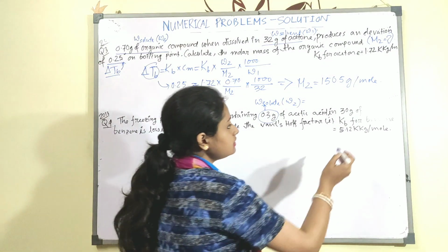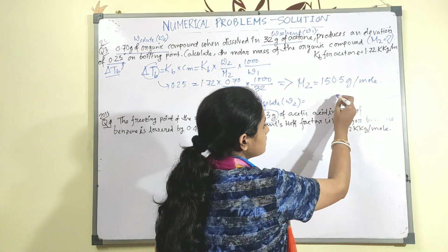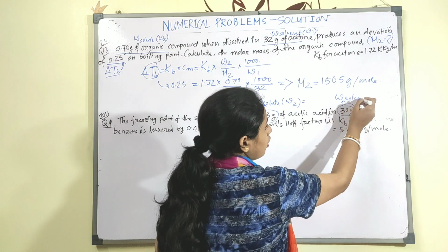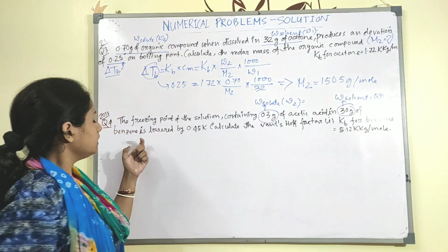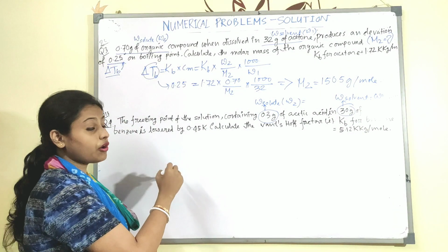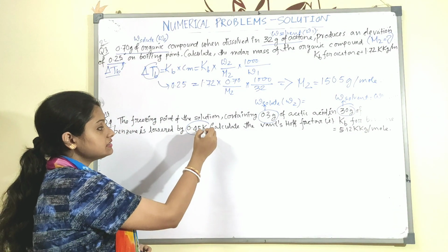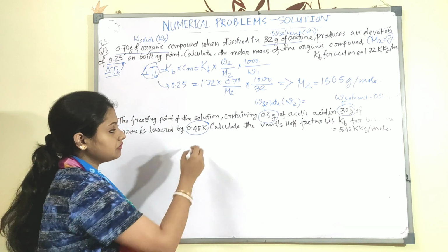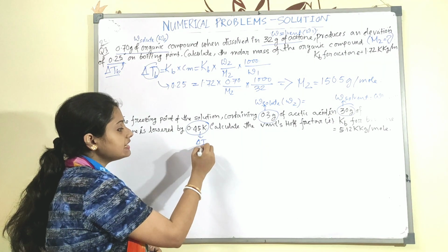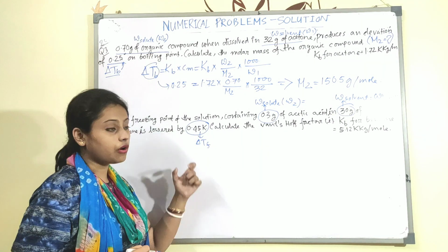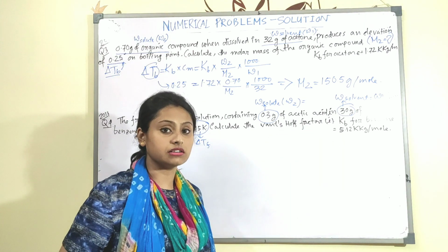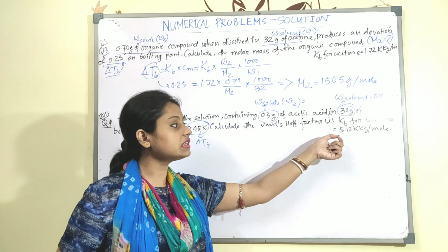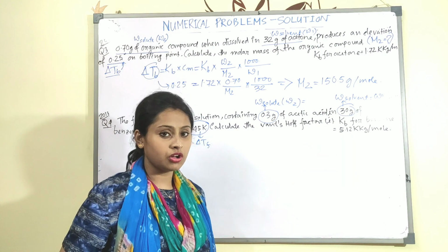So this 30 gram represents weight of solvent, that is W1, is lowered by 0.45 Kelvin. So this is delta TF. Now we need to calculate the Van 't Hoff factor, and the Kf is told, that is 5.12.